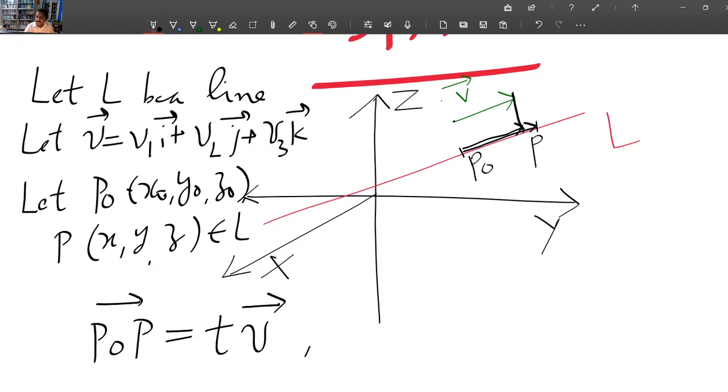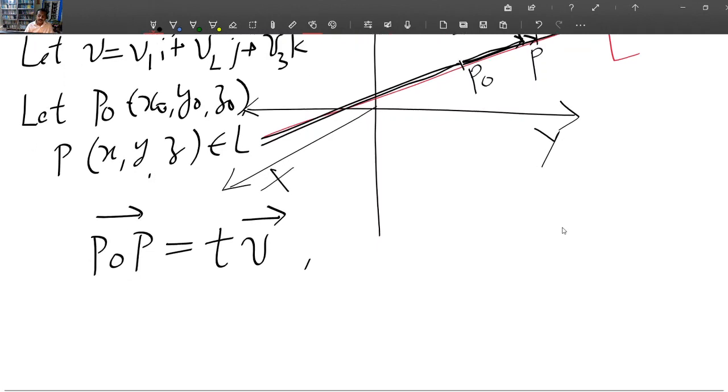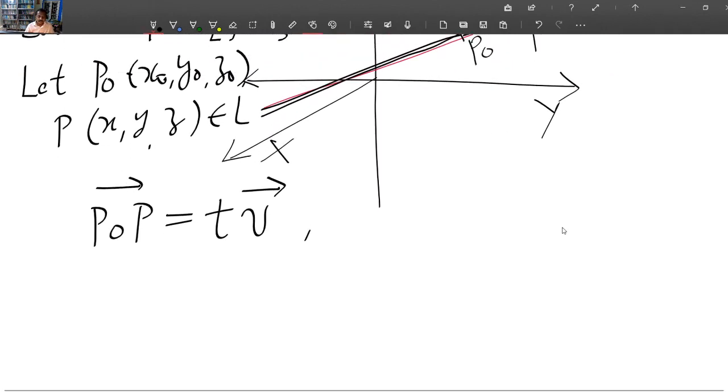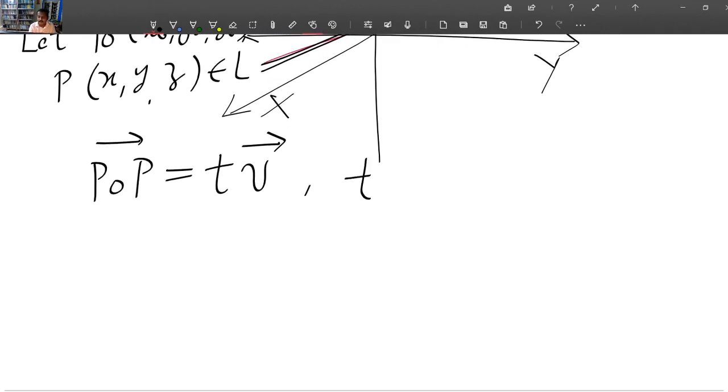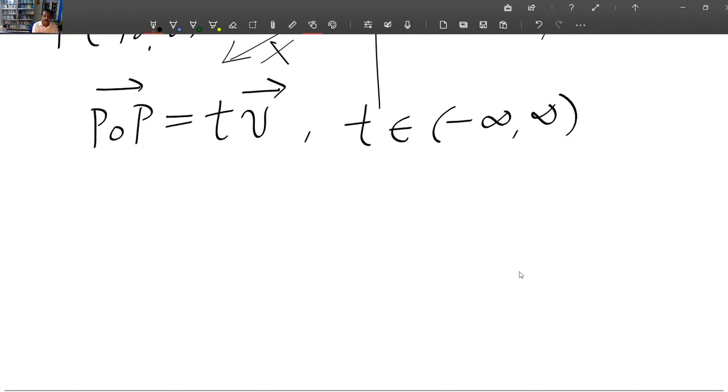As t varies from 0 to infinity, you are getting different points on this line, and as t varies in the negative direction, you are getting the points in this direction. So t belongs to minus infinity to infinity. We have P0P is equal to tV. This gives a description of points on the line L.